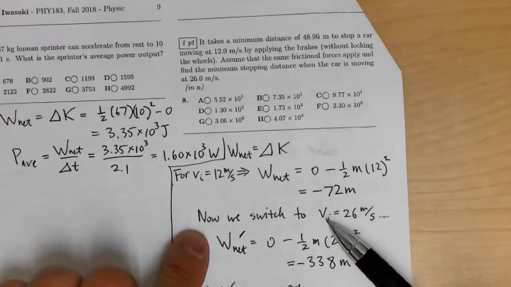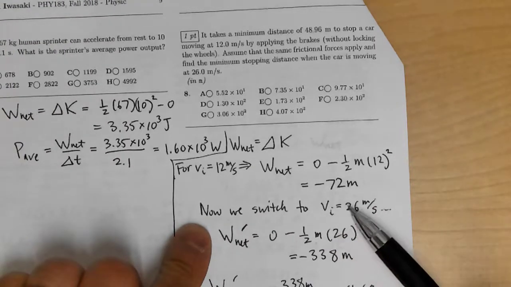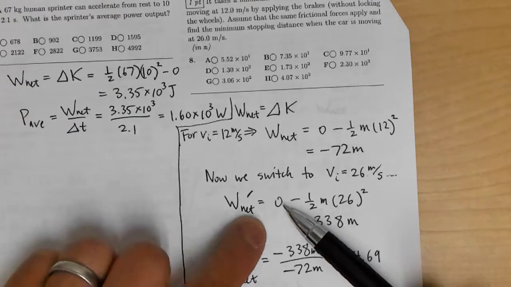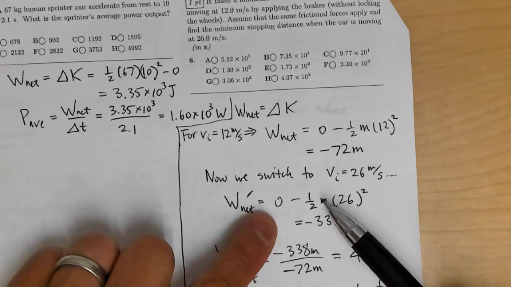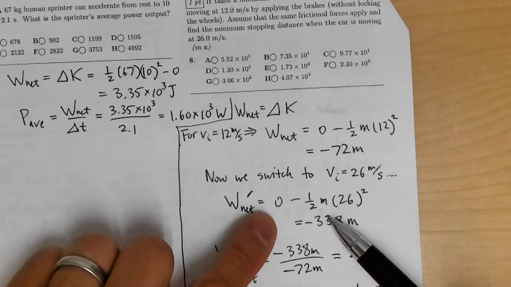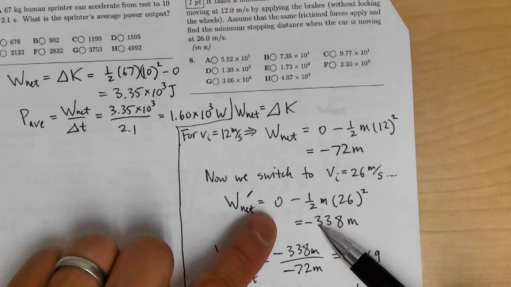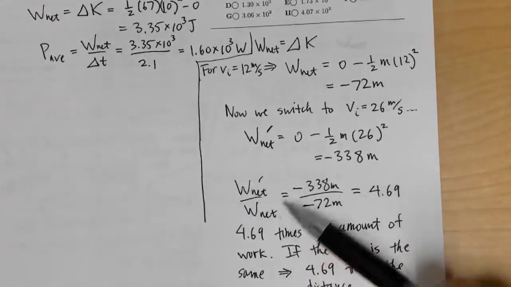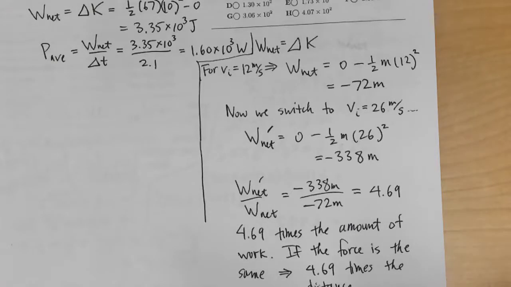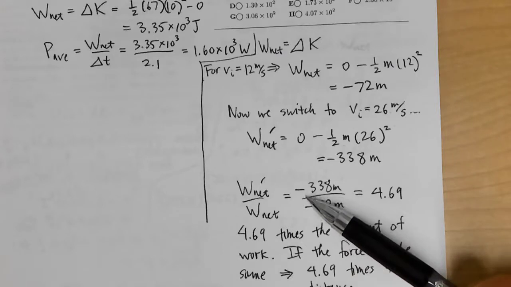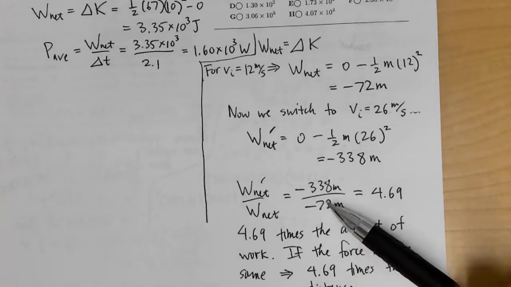Now we switch to the case where V initial is 26 meters per second. So in this case we have 0, which is the final kinetic energy, minus 1/2 m times 26 squared. We get negative 338 times m. So the ratio of the net work done in each case will be 338 divided by 72.